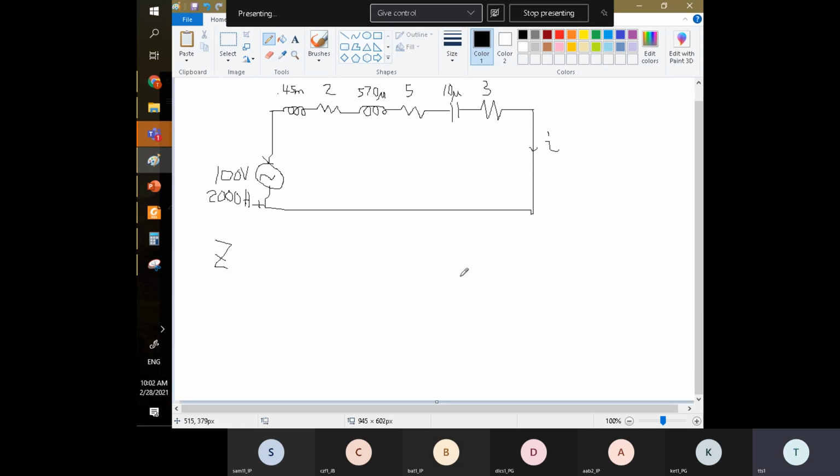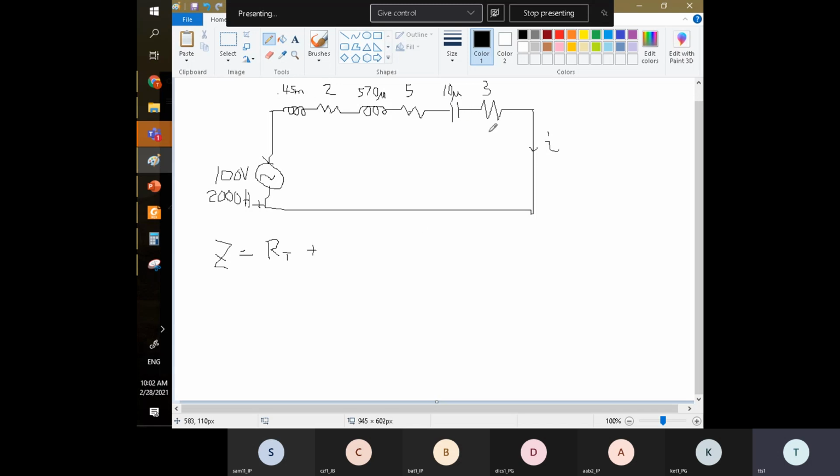So what I recommend is Z is equal to R total, 2 plus 5 plus 3, because they're in series, right? In series, you can add them up, even though this R and this R are separated by the inductor, and this R and this R are separated by the capacitor.